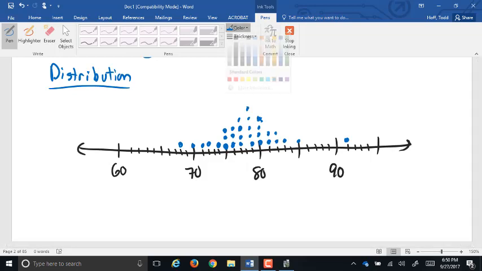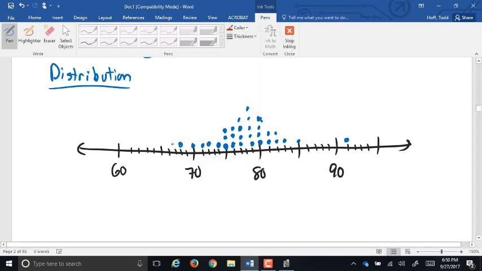If I were to draw a curve through the top dot in each column, I get a shape like that. And if I plot enough of those dots, it's bell-shaped. You guys have probably all heard of the bell curve or curving scores. That is what they're talking about.